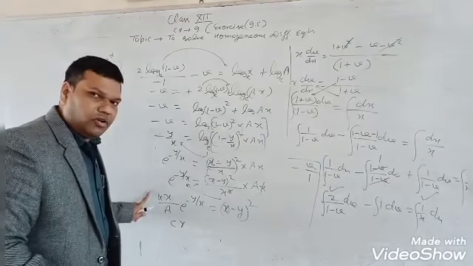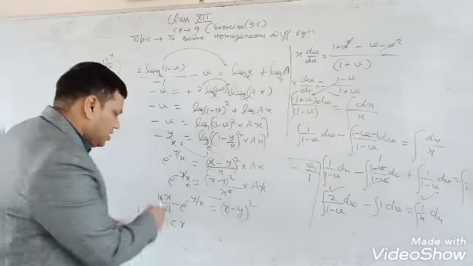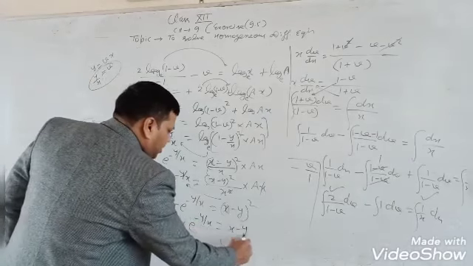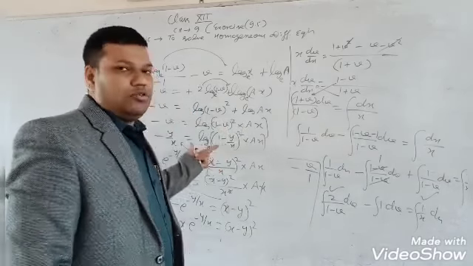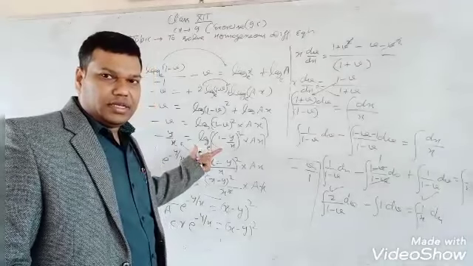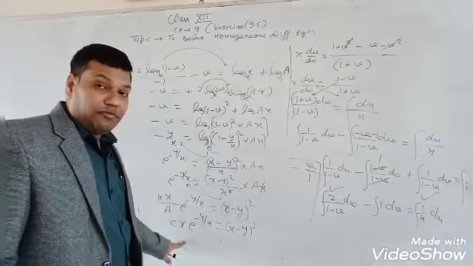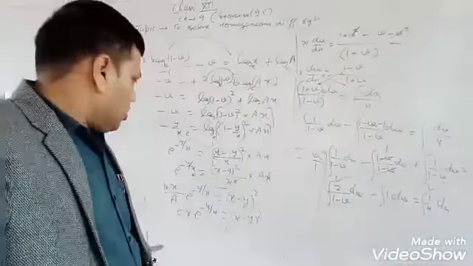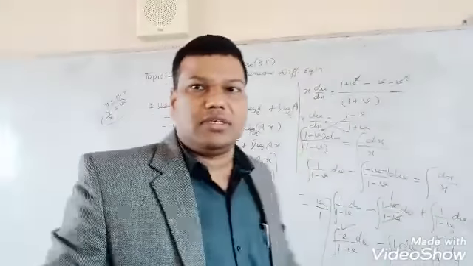You can leave it here also, but if it is required to prove the answer properly, then you have to do all these things. Otherwise it was only to integrate them and put the value again in the form of y and x in place of v. But we have to find the answer properly, so we have done this. So guys, you can see that this is the answer. Now all the best. Thank you.